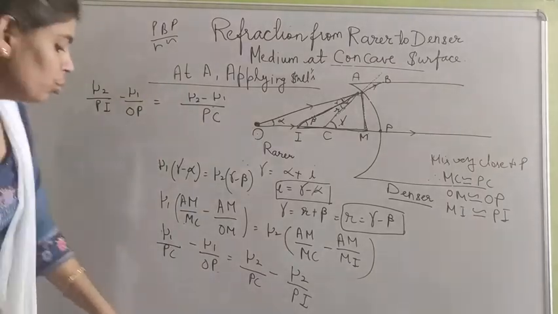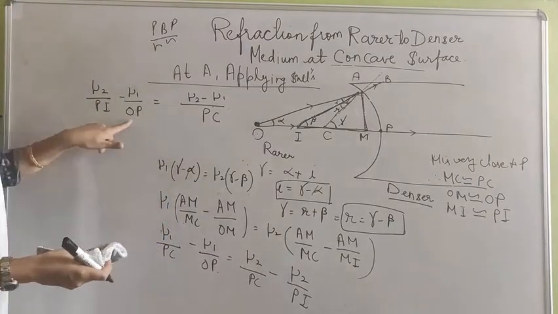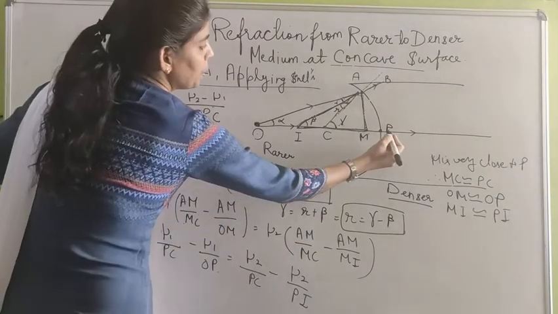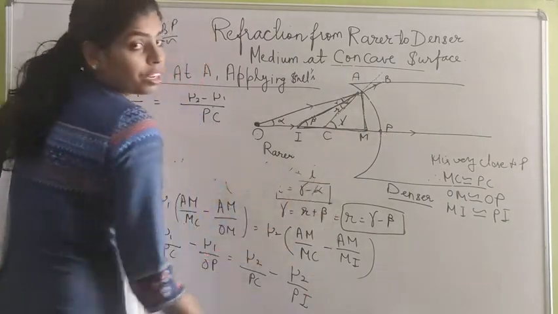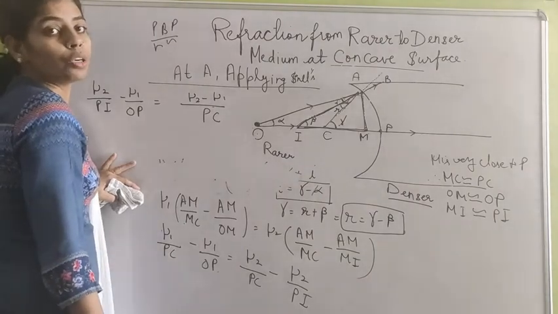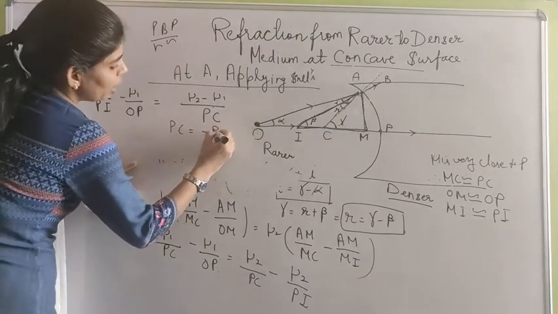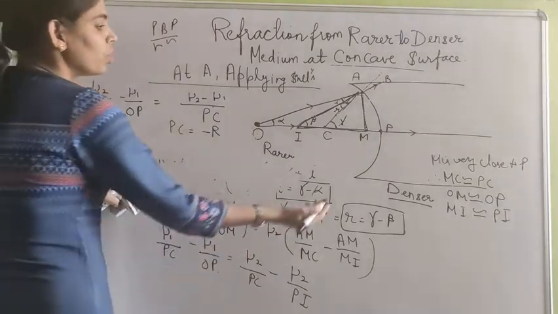Now we have to find what are PC, OP and PI. What is PC? The distance from the pole to the center of curvature we call the radius of curvature. So PC is simply minus of R.